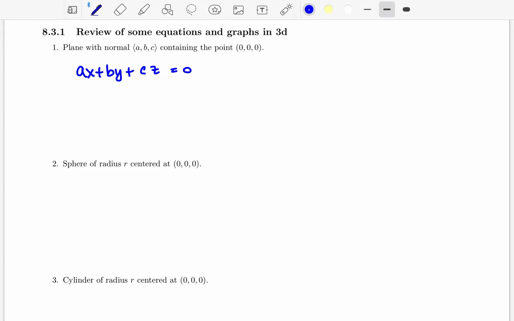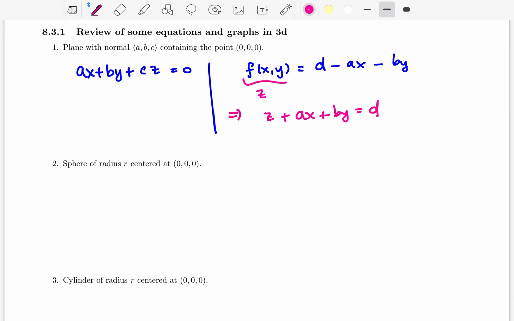So I can give you something that looks like f of x, y equals d minus ax minus by. It sort of looks like a plane, but you don't realize that you're dealing with a plane until you replace f of x, y with z, and you end up with z plus ax plus by equals d.